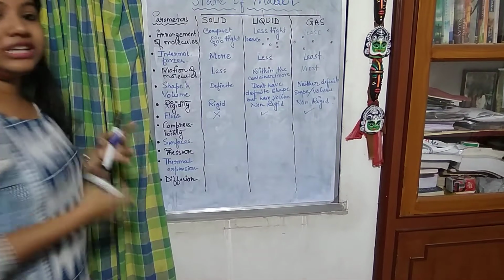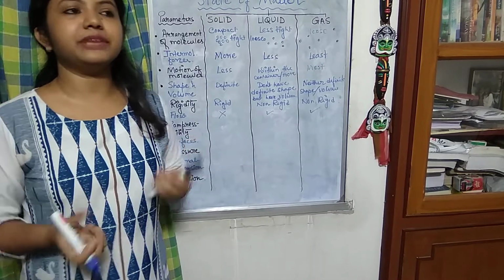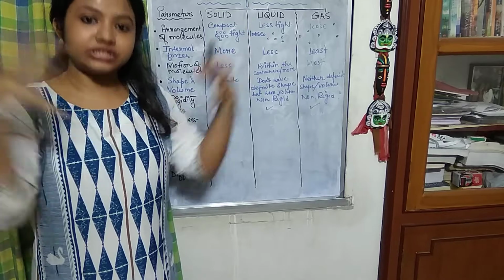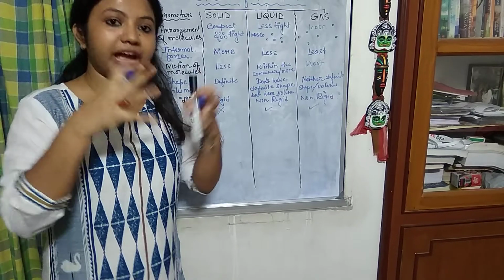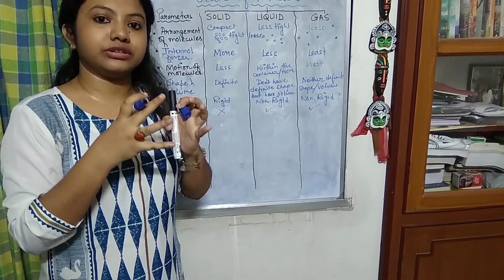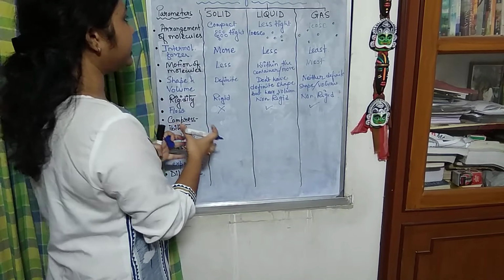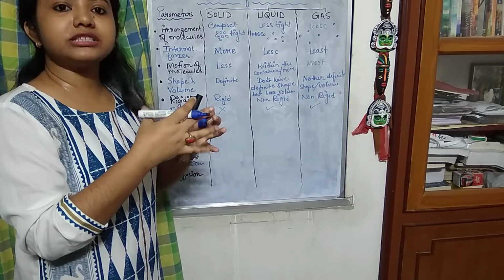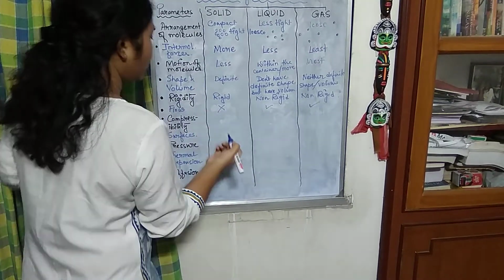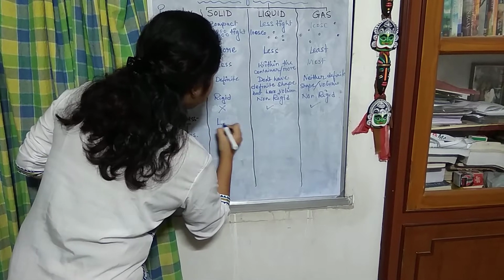Okay. Now talking about compressibility, what does this stand for? Compressibility means if we are trying to put all the molecules together, how compact or tight they can be arranged. So how much can we compress a solid? It is already compressed, so compressibility is least.